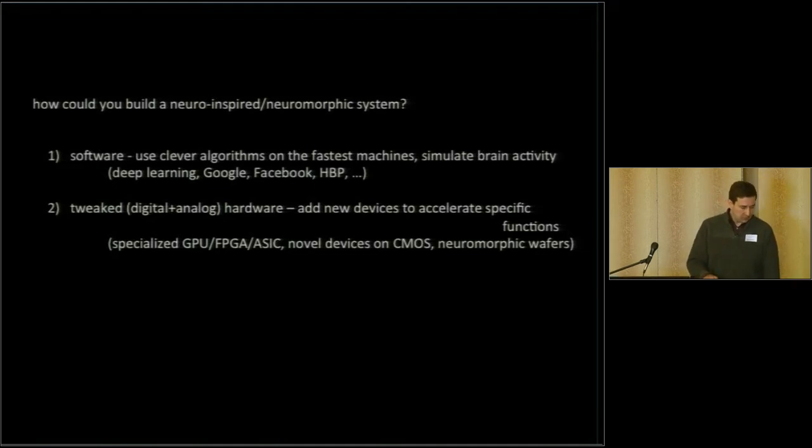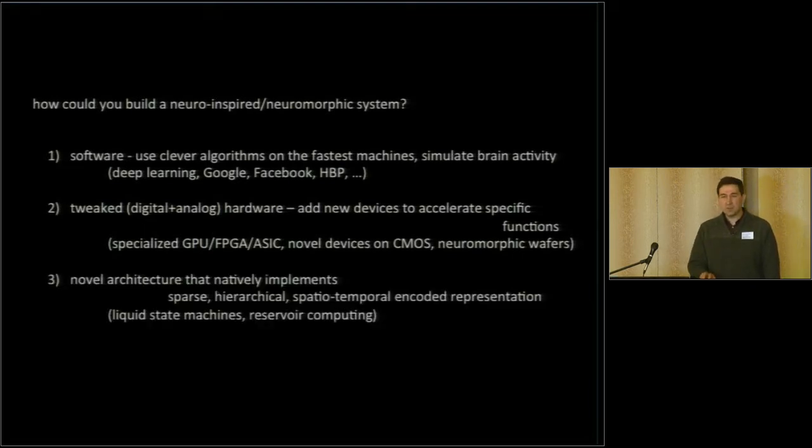Now, a third way to build a neuromorphic system, I'd argue, is a completely new substrate that actually functions the way that neural systems do, in the sense that they do the sparse hierarchical spatiotemporal functionality inherently in the hardware itself, and they're not just simulating what a neural system might be doing.